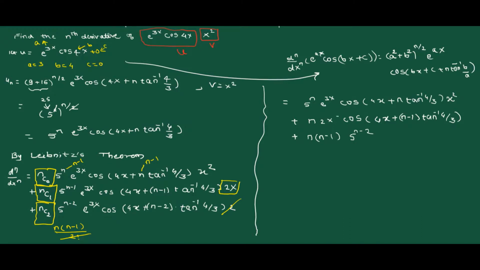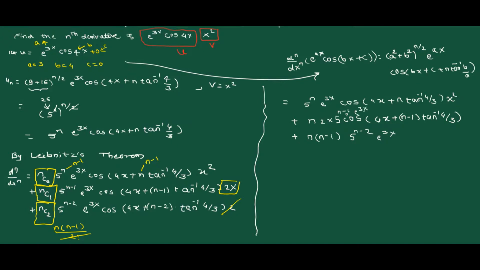So in the second case I have forgotten to write 5 raised to n minus 1. So now 5 raised to n minus 2 e raised to 3x. Here also I have forgotten to write e raised to 3x.